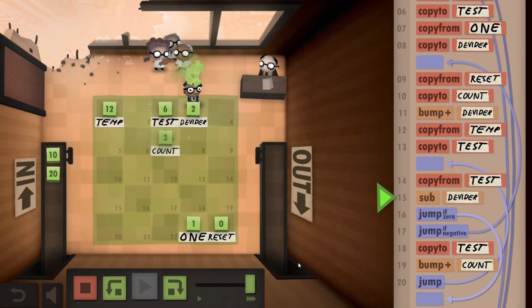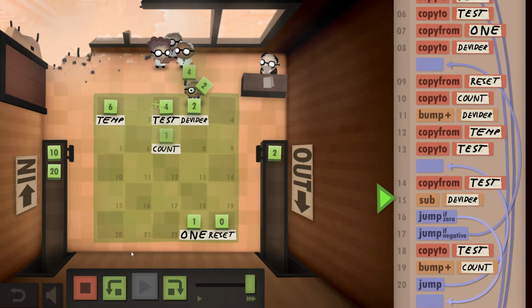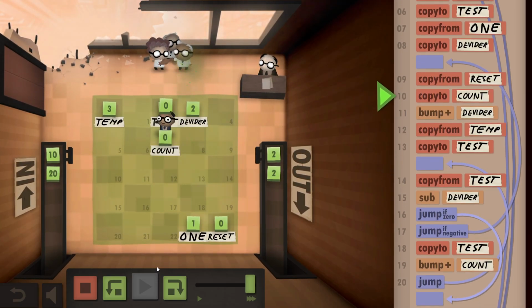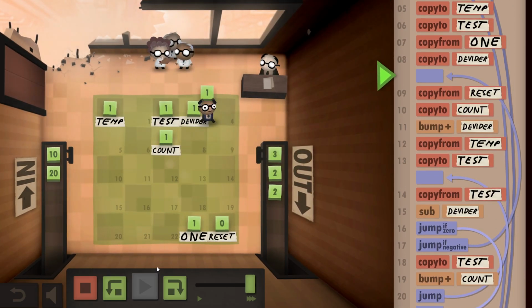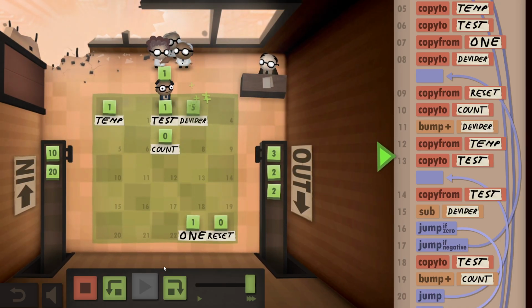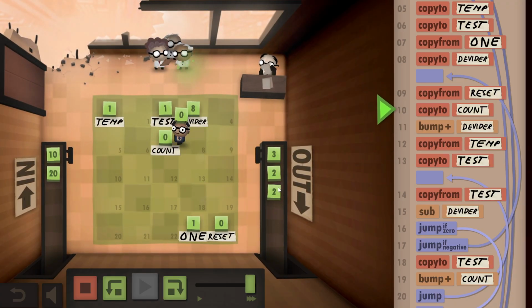I need the reset, not this game. We have 12, so 2 and 3, let's see. What? Why is that okay? Why is 2-2 okay?